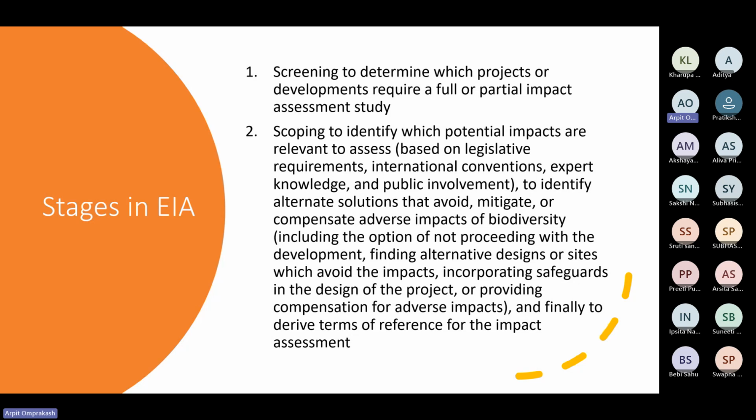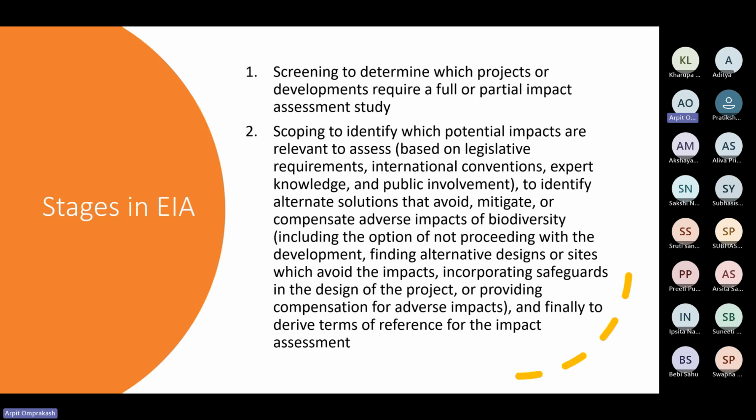Otherwise, we can try to find alternate sites or designs which avoid these impacts, or we can implement safeguards in the design of the project or provide adequate compensation for the adverse impacts. So let's say we move everyone who is staying in that village to another village nearby where there's less propensity of earthquakes, and we build houses for everyone.